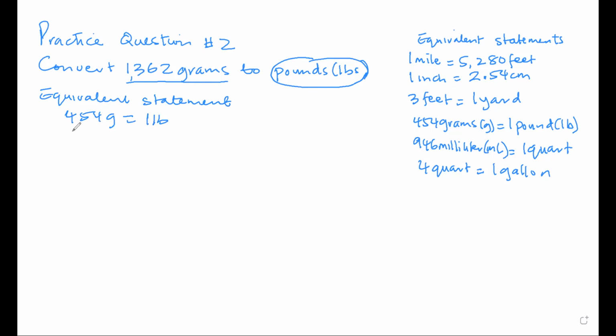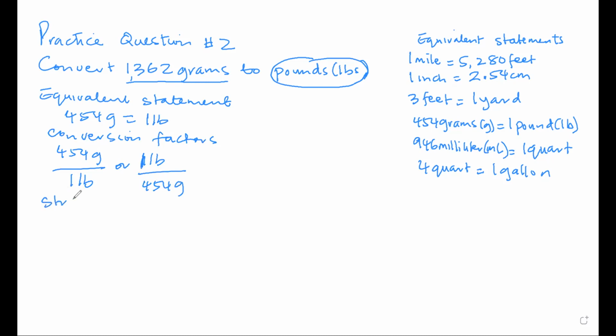Okay, now we put this in conversion factor, in fraction form, conversion factors. So 454 grams over 1 pound, or 1 pound over 454 grams.